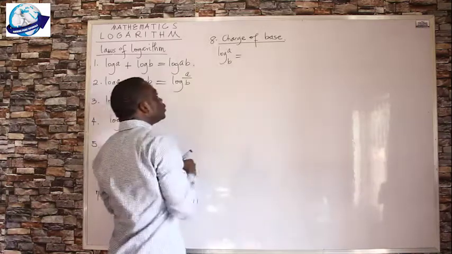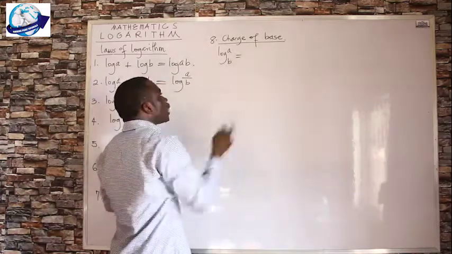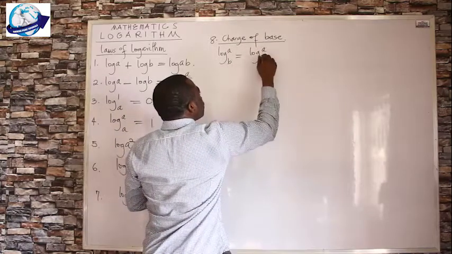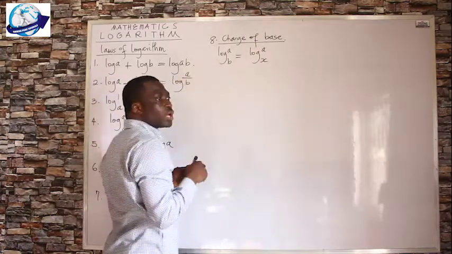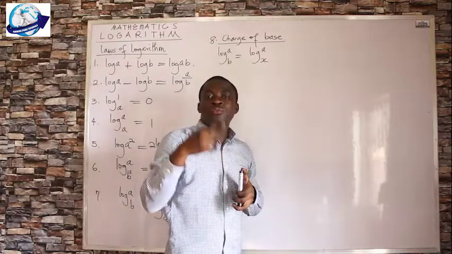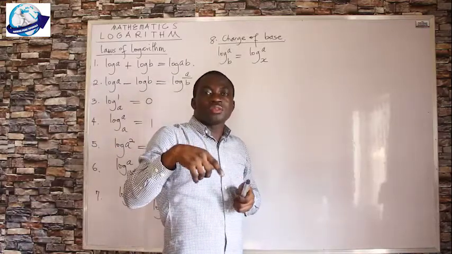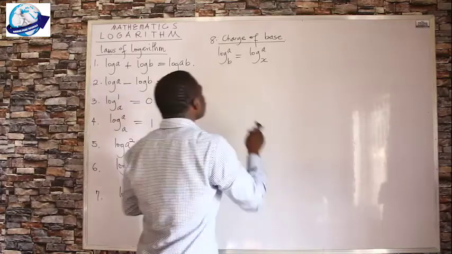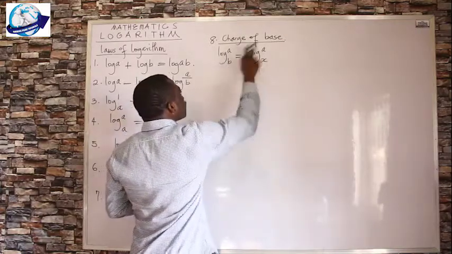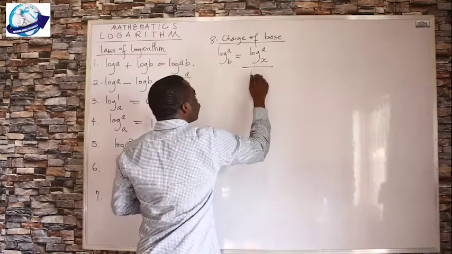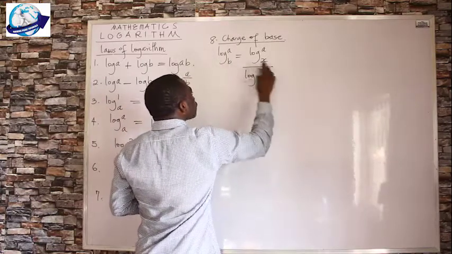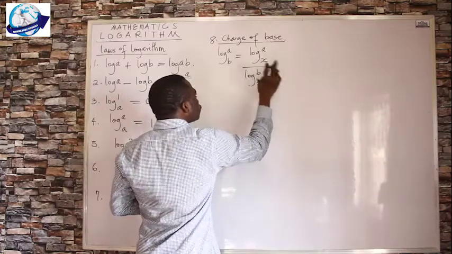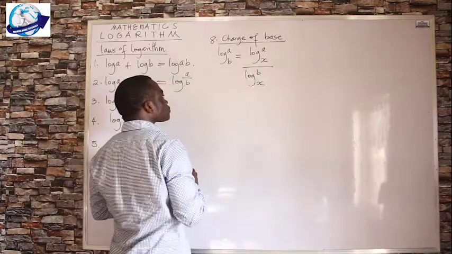If I remove this B now, I want to put base X. So log A base B is equal to log A base X all over log B base X. The B forms a new logarithm, taking the new base to divide the old logarithm. So this is what we call change of base.